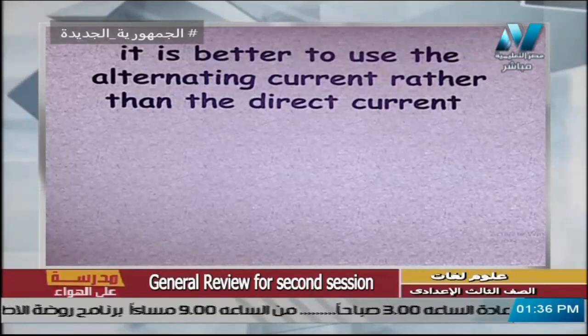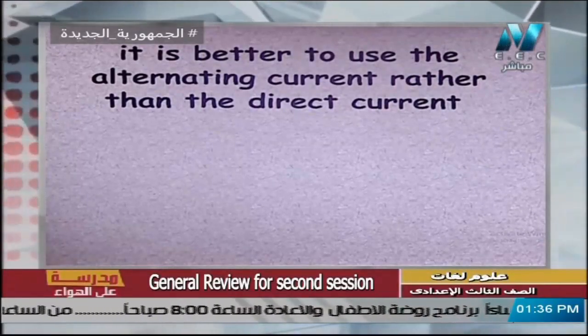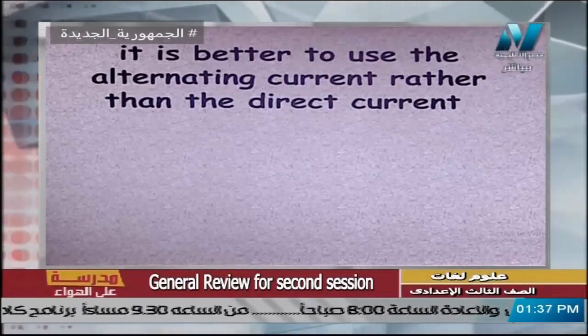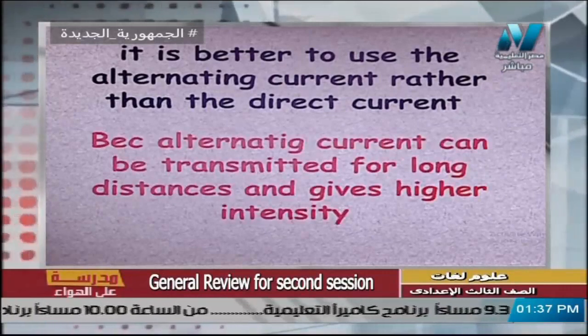It's better to use the alternating current rather than the direct current. يعني من الافضل استخدم تيار متردد اللي هو الاي سي احسن من الدي سي. طب ليه الاي سي افضل؟ طبعا عنده اكتر من ميزه.